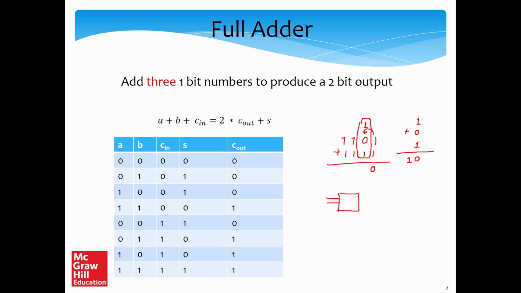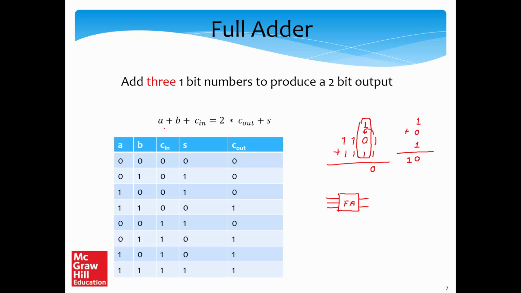The largest possible sum that we can have will be 1 plus 1 plus 1, which is 3. Its binary representation is 1 and 1, so 2 bits are sufficient. So a full adder will have 3 inputs and 2 outputs.